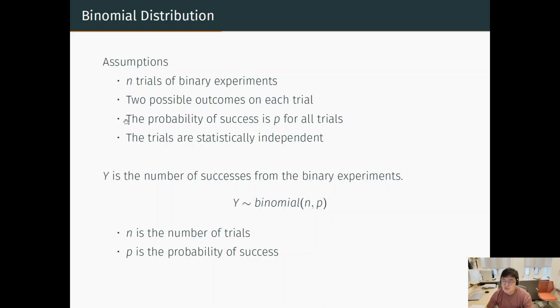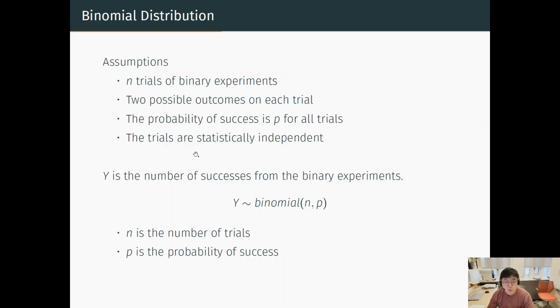And the third assumption is that the probability of success is the same for all trials. Basically you are repeating the same experiment repeatedly. If the probability changes, that means they are different binary distributions, so our assumption fails.